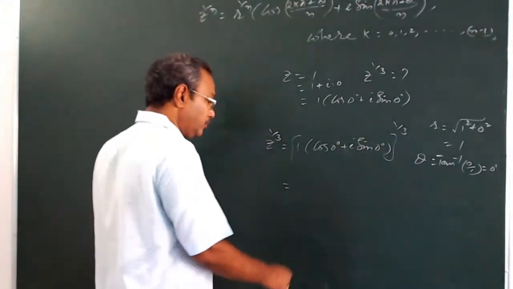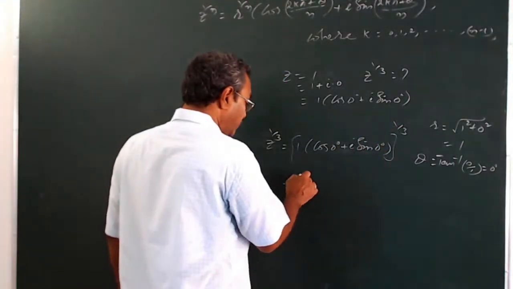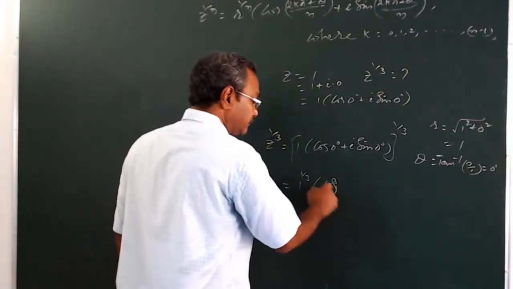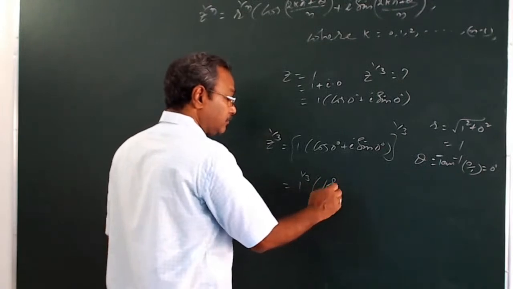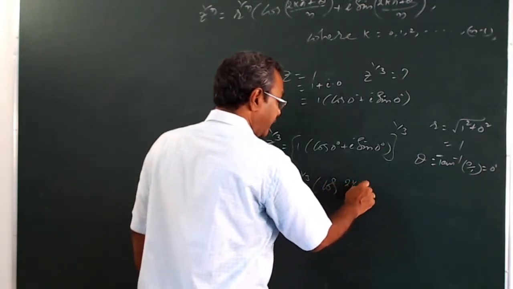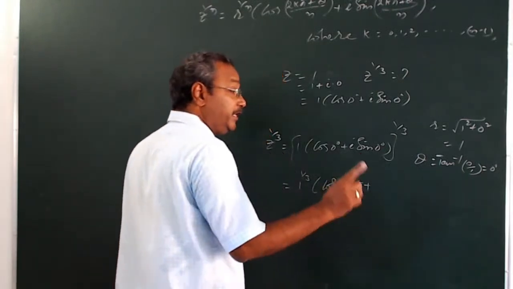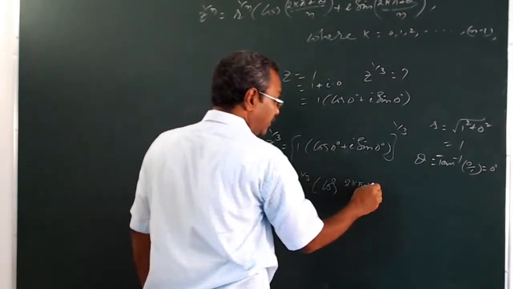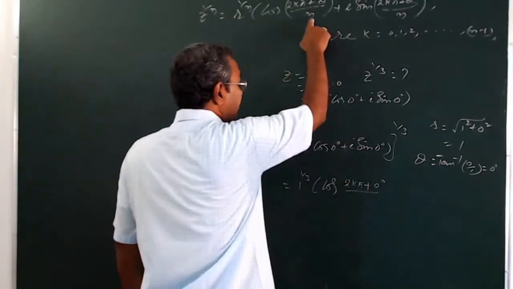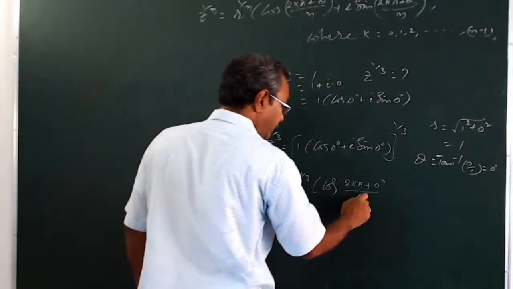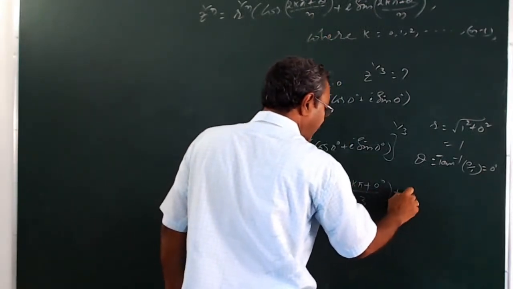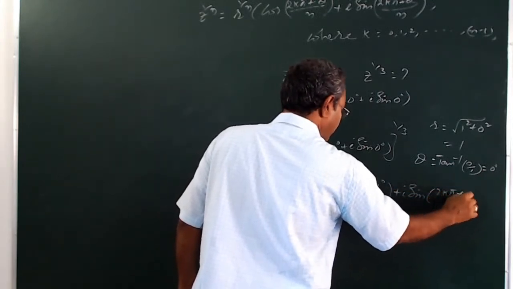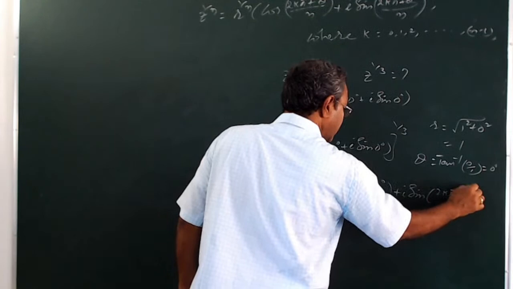So this is 1 to the power of 1 by 3 into cos of 2k pi plus theta. What is our theta? 0, divided by n. Our n is 3, plus i sine 2k pi plus 0 by 3.